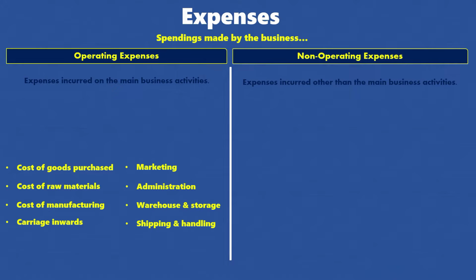But on the other hand, there are some expenses which are not related to the business itself. And the examples are going to be, first of all, interest expense. So let us say for your business, you have to borrow the money. You don't have money to support the full business activity, and for that you have borrowed some money from the bank.